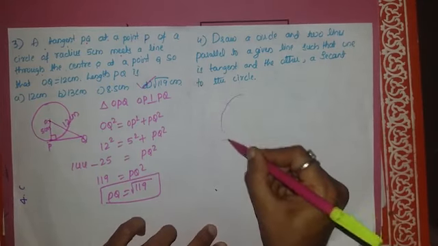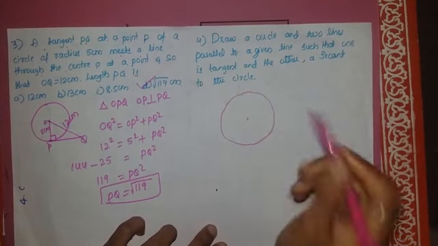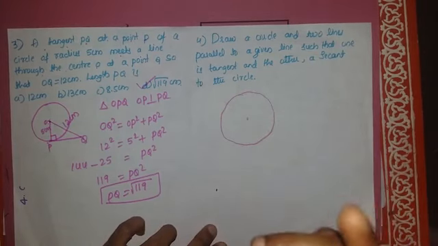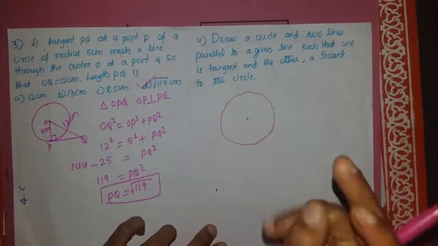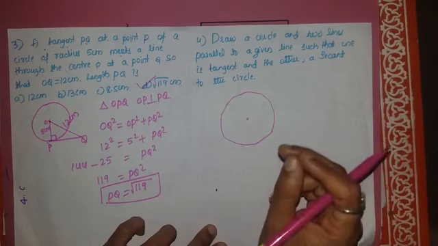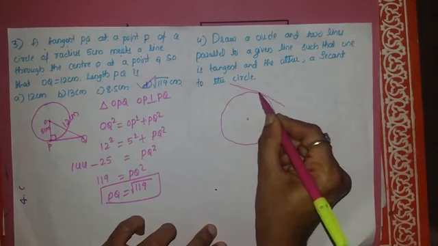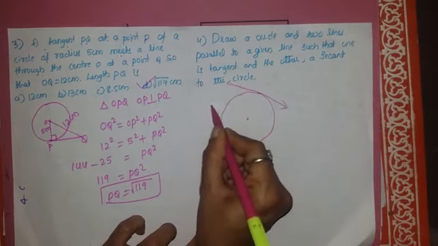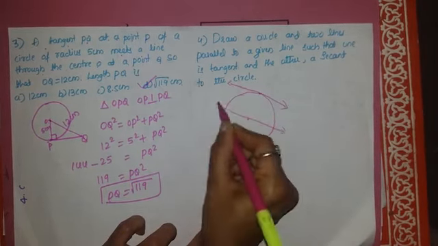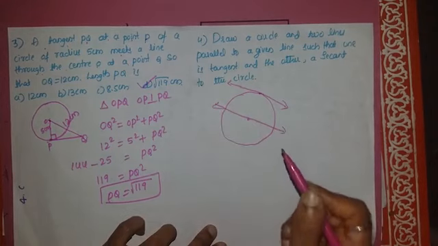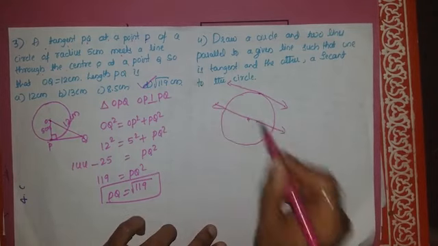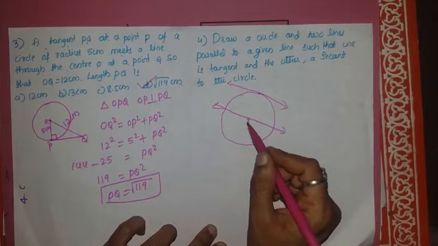Draw a circle by using a compass and draw two lines that are parallel. Here one is a tangent and another one is a secant. These two must be parallel lines. Draw this neatly in your notebook.